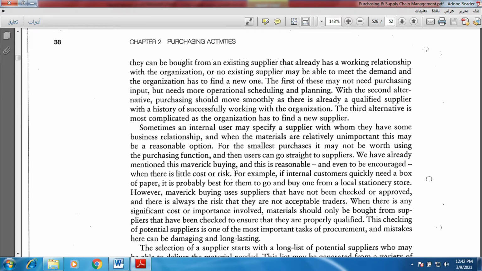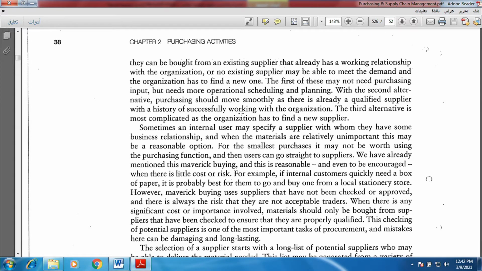Because of the operational scheduling and operational planning and the internal customer. The internal customers are asking for materials all the time, and they have schedules, they have plans, they have operations. We need somebody to fulfill these needs.